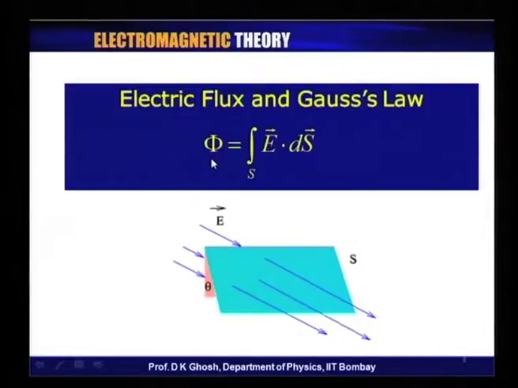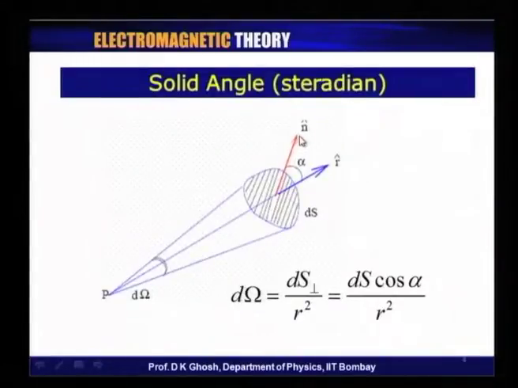And one defines the flux of the electric field as the surface integral of the dot product of the electric field with the area element integrated all over. So, if you look at a particular point where the normal vector is making an angle theta with the electric field, then the flux would be the integral over S of E dS cos theta. So, this is what we are going to be talking about.